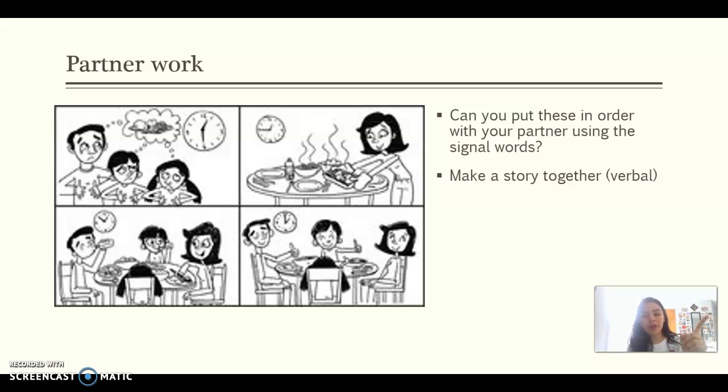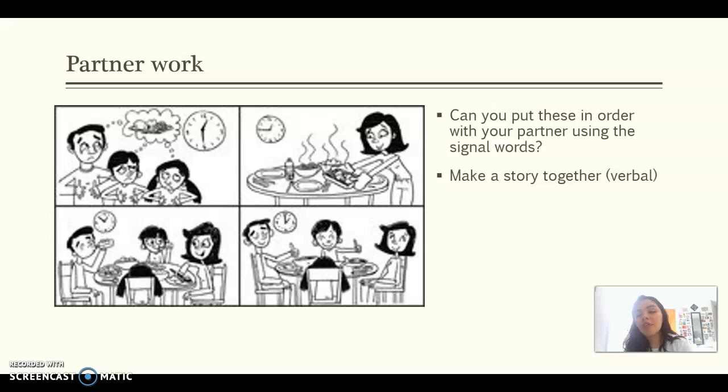So like one set of partners would get these pictures, another one a different, etc. That way, once they're done putting it in order, I could have them share their work with the rest of the group members. And there is actually no correct way of how to sequence these pictures. So I want them to just be creative and use their own thoughts on what they would think would be first, what they would think would be in the middle, what they would think would be in the end.